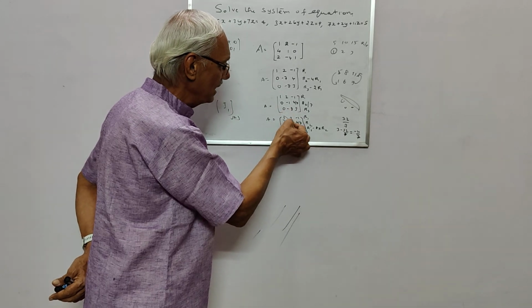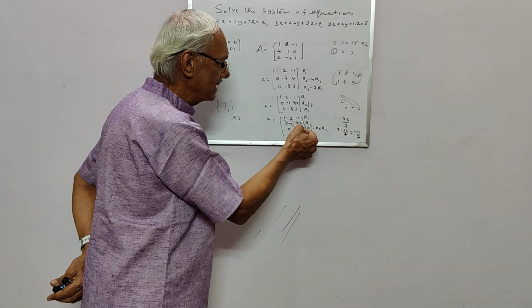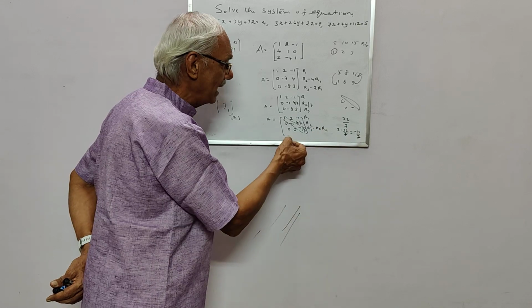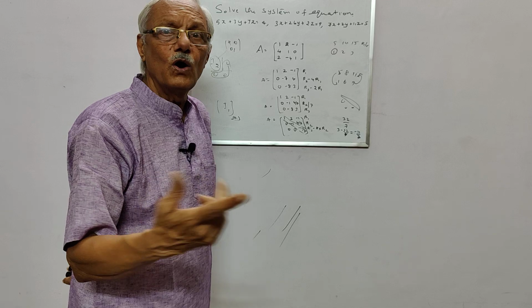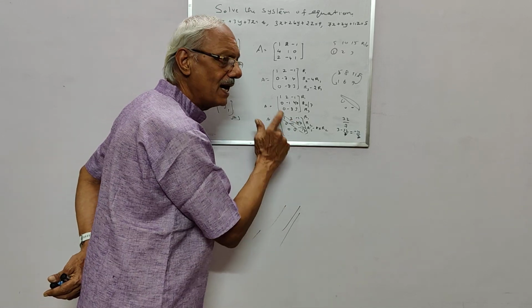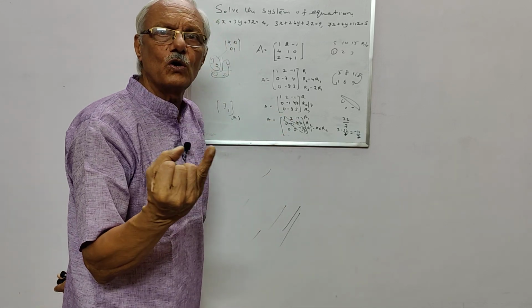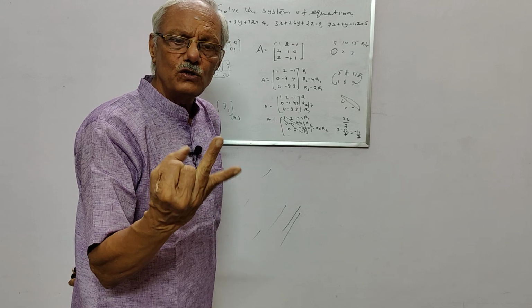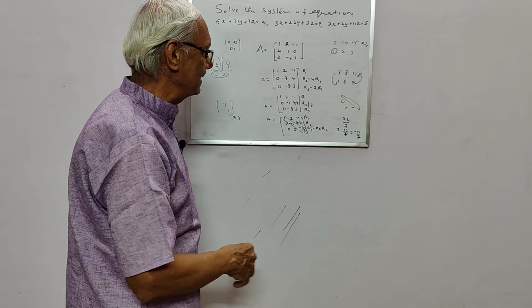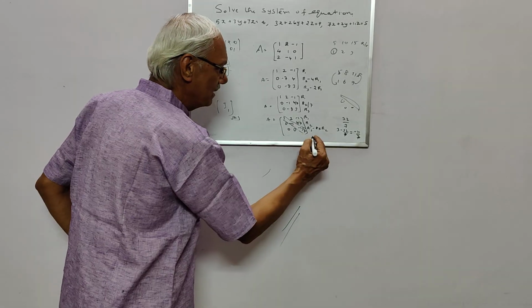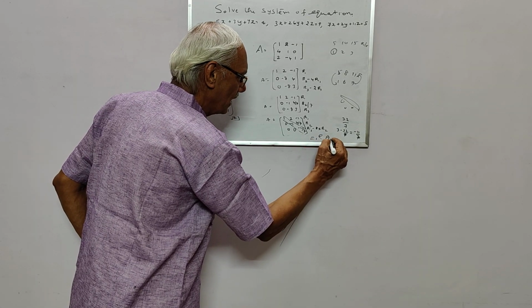In the first, all the 3 elements are non-zero. In the second, 2 elements are non-zero. In the third one, at least there is one element which is non-zero. Therefore, count how many rows have non-zero elements. 1, 2, 3 rows. Therefore, the rank of this matrix is 3. That means rank of A is equal to 3.